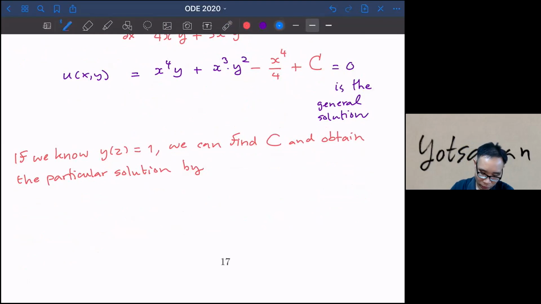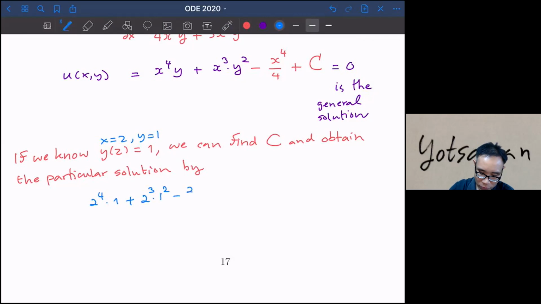How could we find this one? So you have x equal to 2, y equal to 1, so you get 2 to the 4th times 1, 2 to the 3rd times 1 squared.